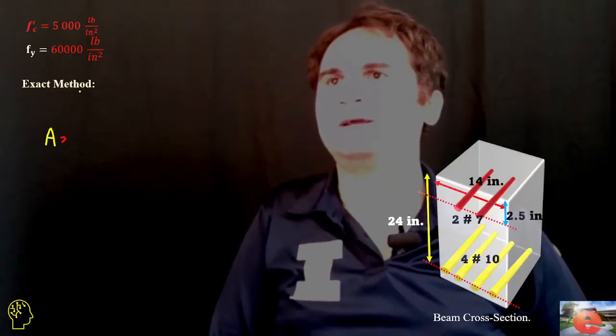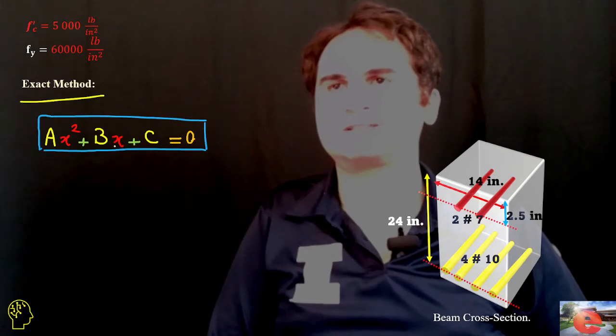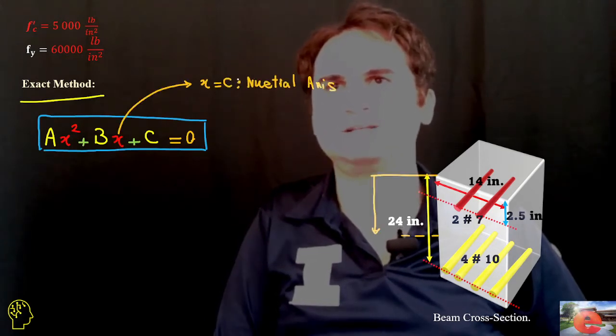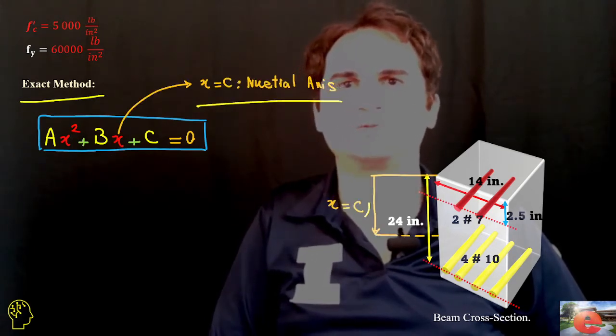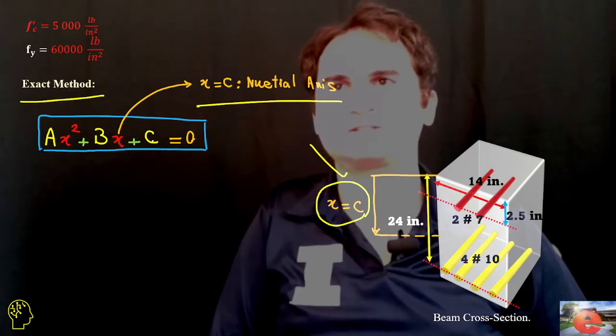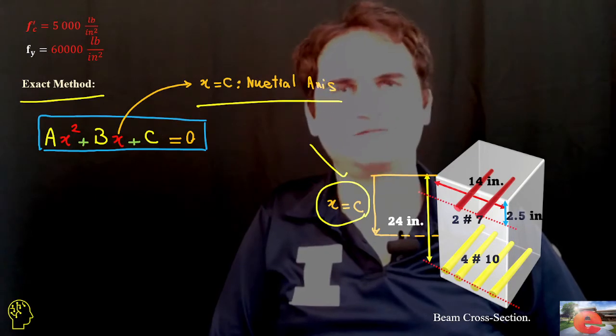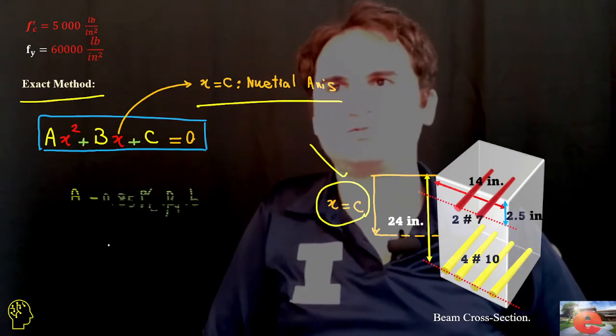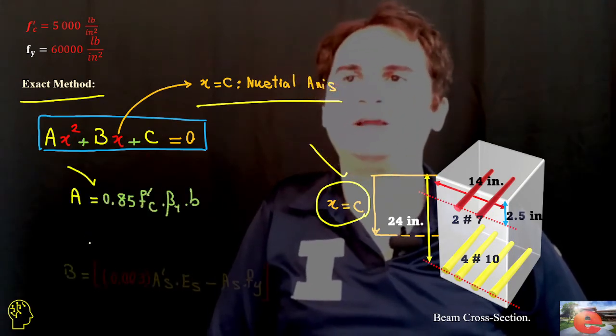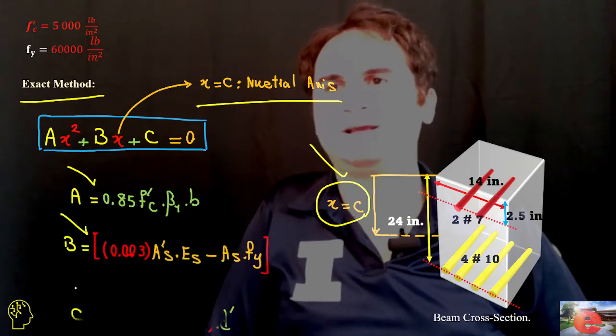The exact method gives us the second degree equation based on x as the neutral axis, so x and c are equal. We just call it x to not make a mess with the coefficients of this equation, and it gives us coefficients a, b and c.